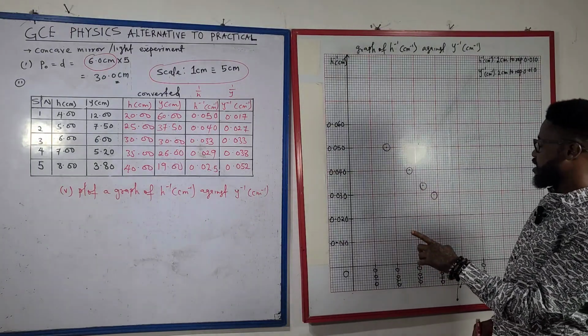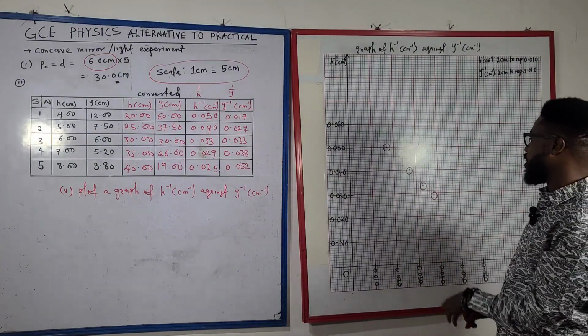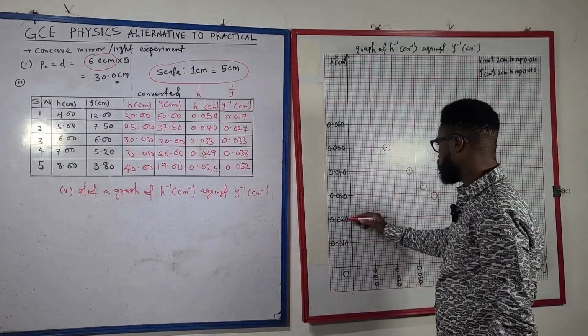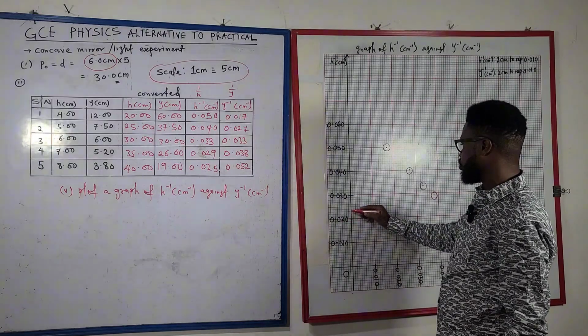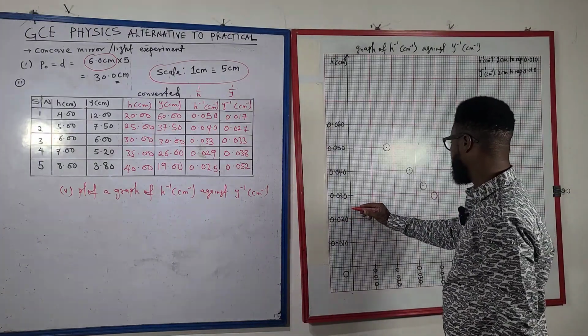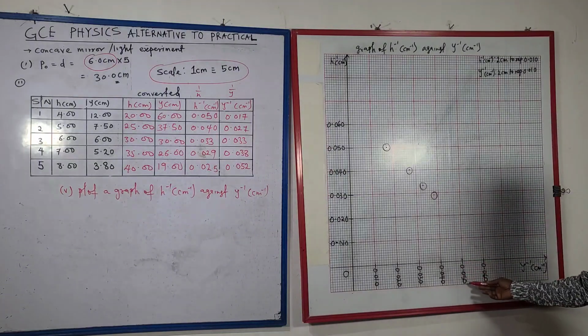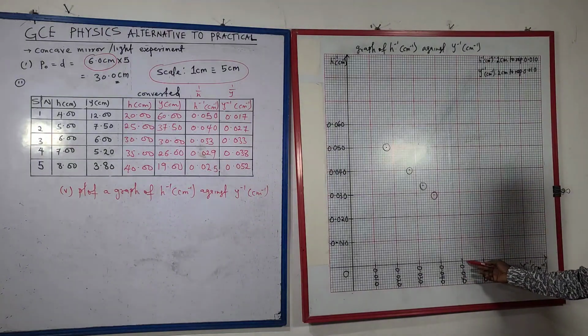So the next thing, I have 0.025. This is 0.020, 1, 2, 3, 4, 5, and 0.052 should be somewhere here. This is 0.05, and that should be 5152.